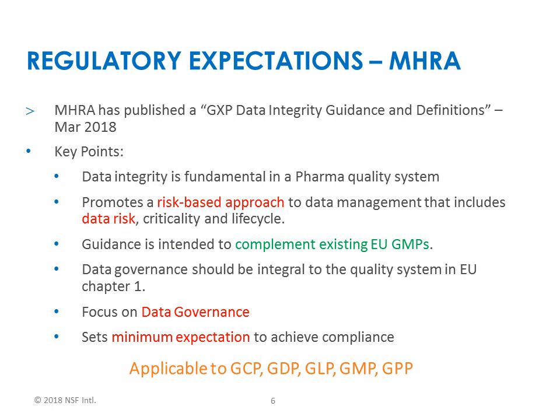Moving on to slide number 6, we start to look at the MHRA and their expectations for data integrity. The approaches are very similar between MHRA and FDA, but there are some differences. MHRA looks more from a risk-based perspective, and they talk about concepts that the FDA doesn't really explicitly call out. A couple of concepts here that we want to talk about are data risk and data criticality.